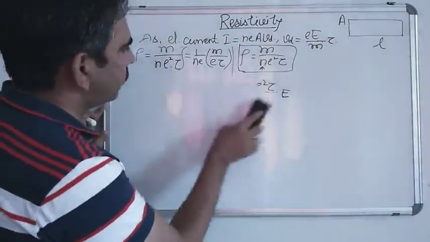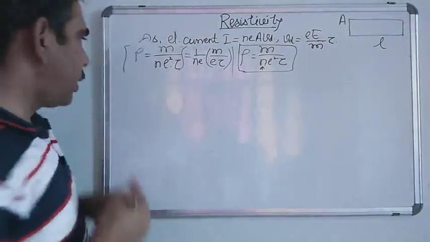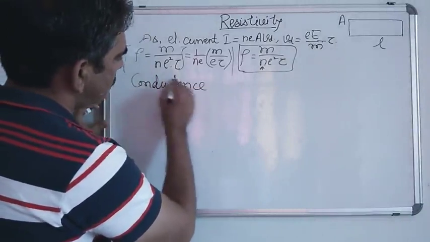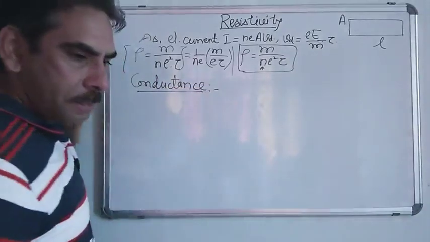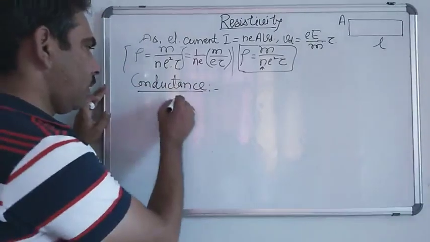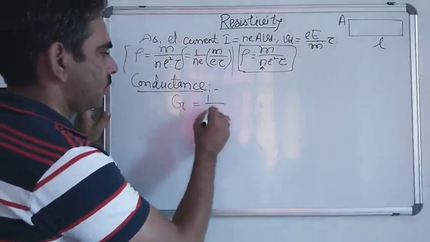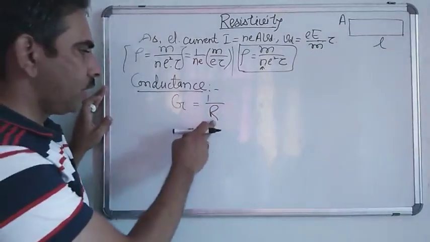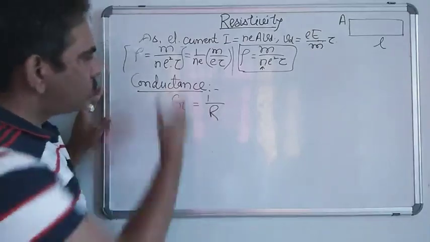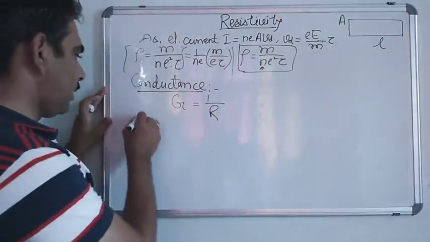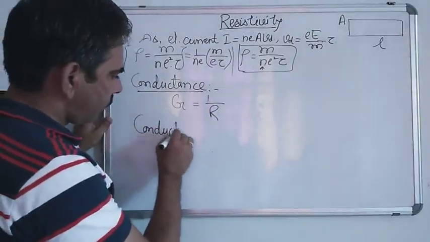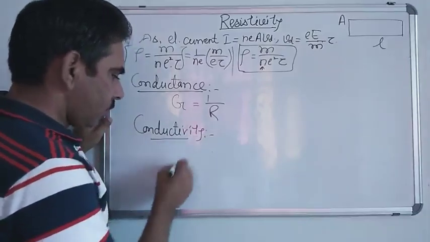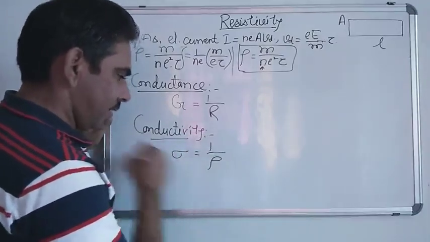From here, we can also define two new terms. The first one is conductance, which is nothing but the reciprocal of resistance. We can calculate the conductance of any conductor by substituting the value of resistance for that conductor. The second term is conductivity, which is defined as the reciprocal of resistivity.